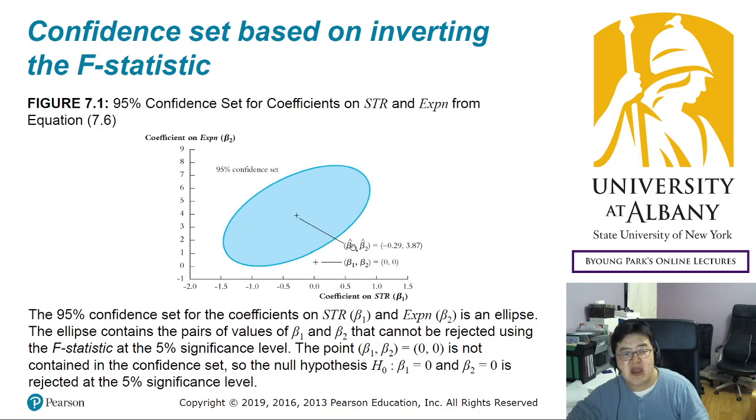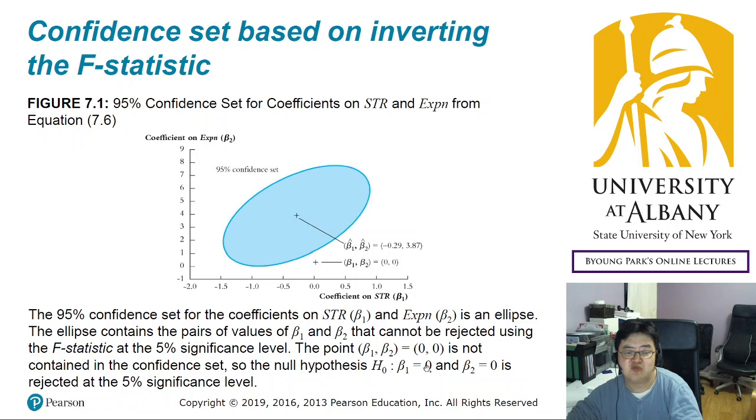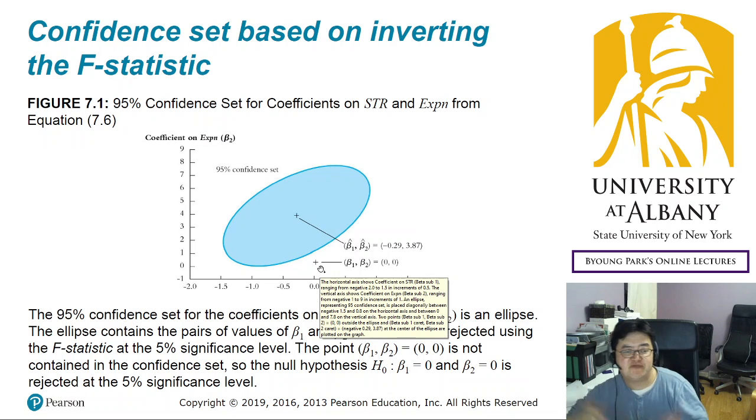That means at least one of them has some impact. In this case, clearly beta 2 is positive. Because of beta 2 being positive, we need to reject H, because the second equality seems to be wrong. But the first equality is uncertain. We cannot say anything about the first equality. We cannot reject this one. Anyhow, because one of them is rejected, we have to reject them jointly.